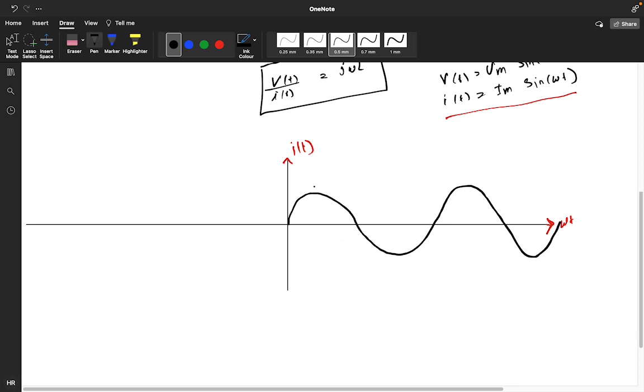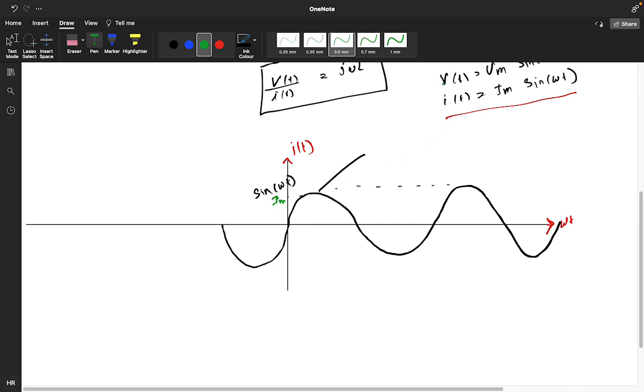Okay, so this figure is representing sine omega t. This particular value is the Im value.